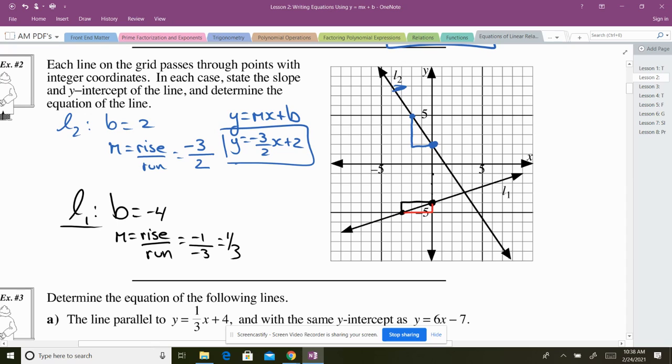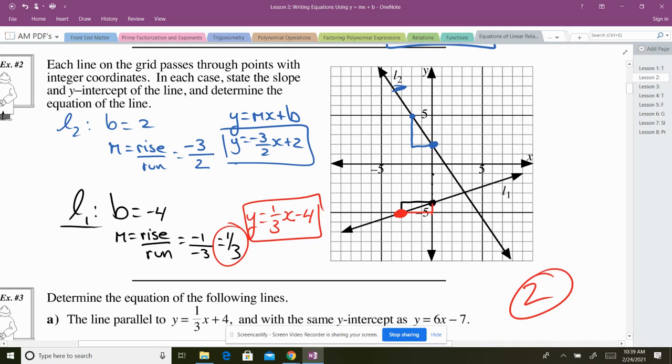Where the dot is getting bigger. That one. So over 3, 1, 2, 3, which is positive, and then up 1, which is positive, 1/3. All right, so what's the equation of this line? 1/3 x minus 4. That's it. That's all you have to do. Figure out the y-intercept, figure out the slope. Are we good?